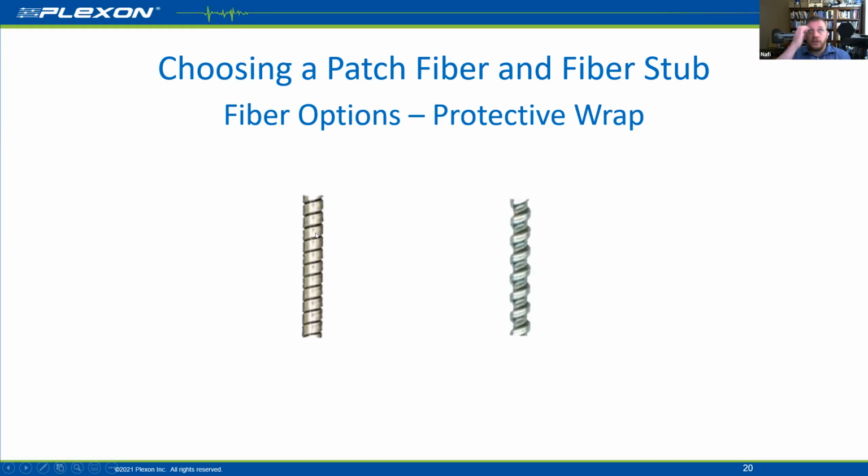It doesn't add too much weight or stiffness to the fiber, but it does add some. The drawback is that since this is a helix, given enough time, the animal will be able to get its teeth in between the edges of the helix and still damage the fiber. So for those very hyperactive rats, we have this armor jacketing, which much more robustly protects the fiber.